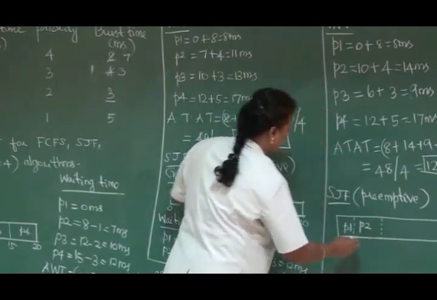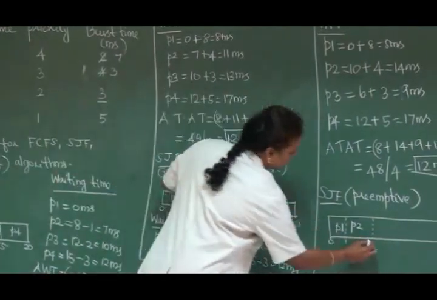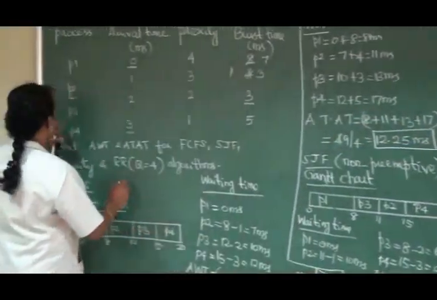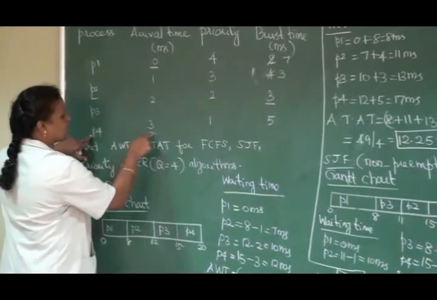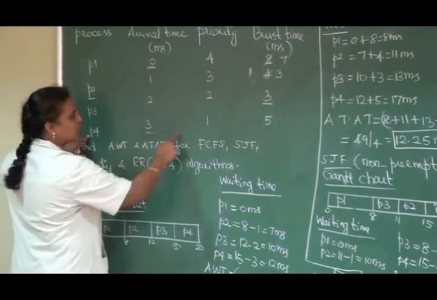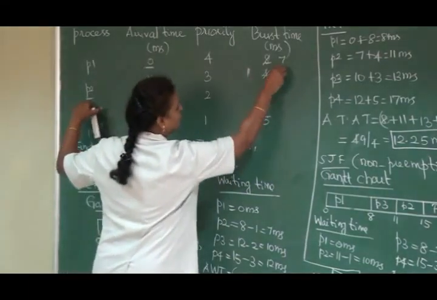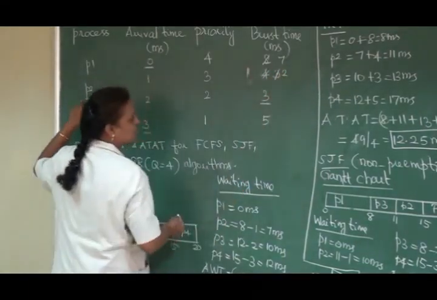So the next process arrives at the time of 3rd millisecond. So next process P4 is arriving at the time of 3rd millisecond. Its burst time is 5, and P2 has already executed for 1 more millisecond, so its remaining burst time is 2.